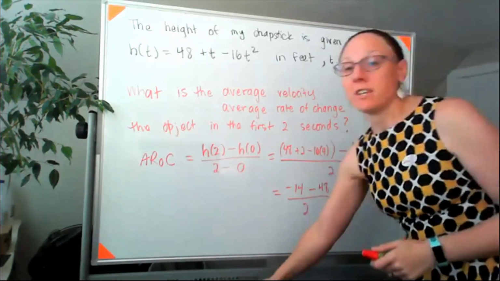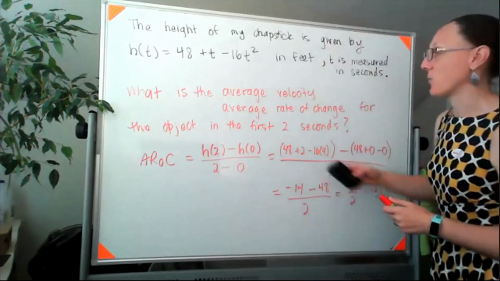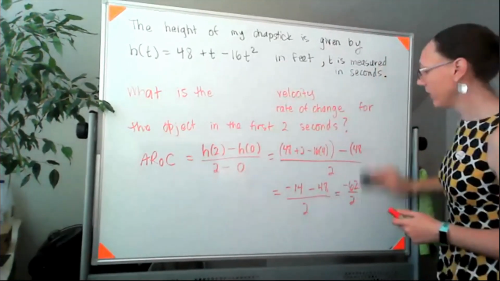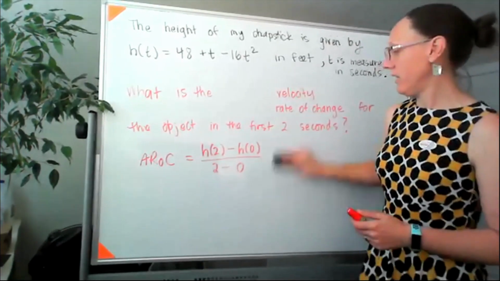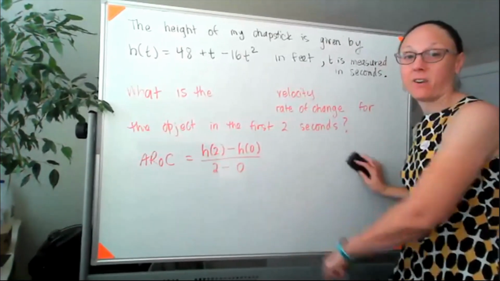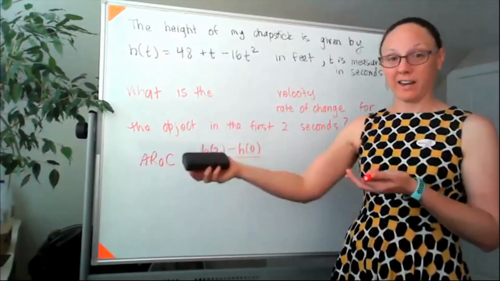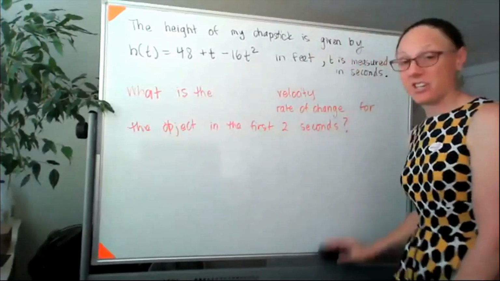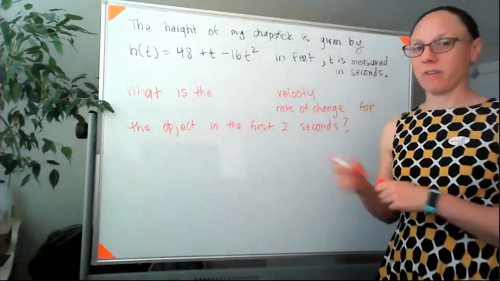When we switch to instantaneous rate of change, we're switching from the slope of the secant line, or that old school slope where I'm looking at 2 different points, to our tangent line, or the derivative.